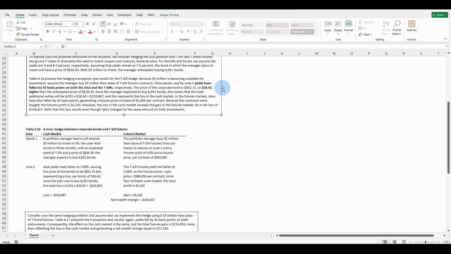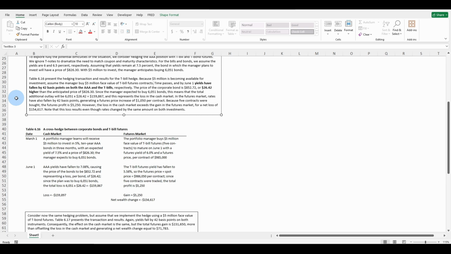The price of the corporate bond is $852.72, or $26.42 higher than the anticipated price of $826.30. Since the manager expects to buy 6,051 bonds, the total additional outlay will be 6,051 times $26.42, or an additional $159,867. This represents the loss in the cash market.